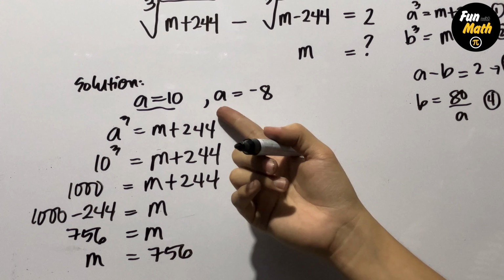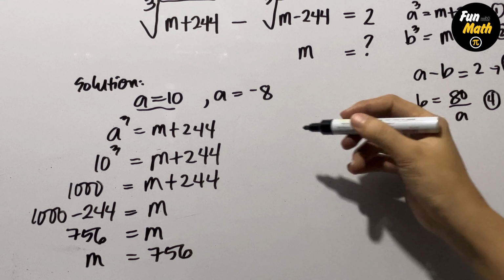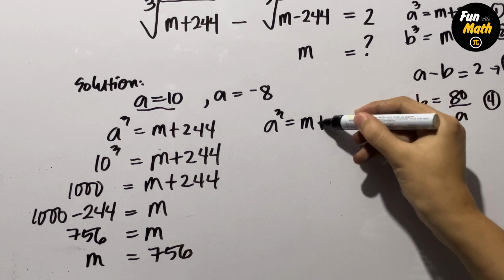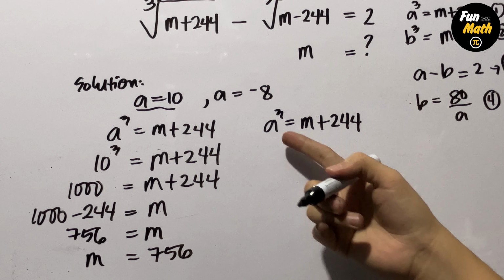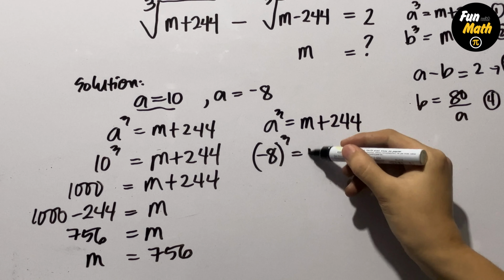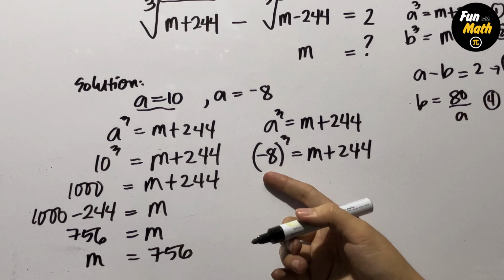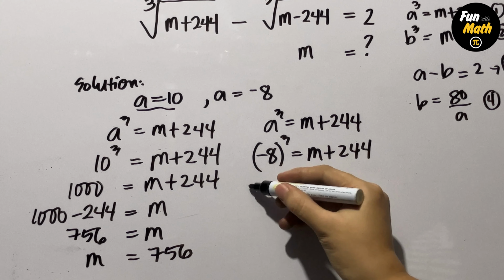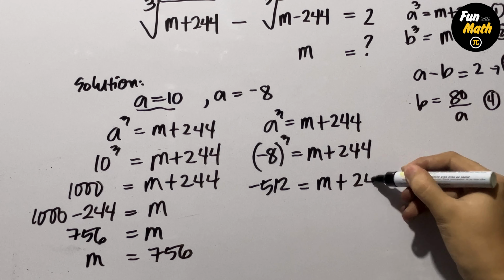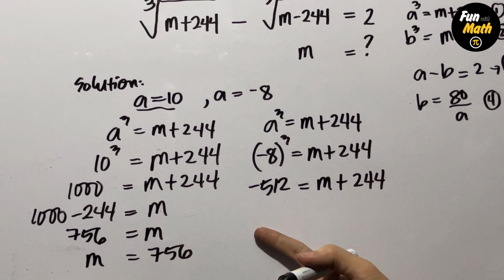Another value of A is equal to negative 8. So same, using the first derived equation, A cubed is equal to M plus 244. So negative 8 cubed is equal to M plus 244. Negative 8 cubed is equivalent to negative 512 equals M plus 244. Now let's take 244 to the other side.